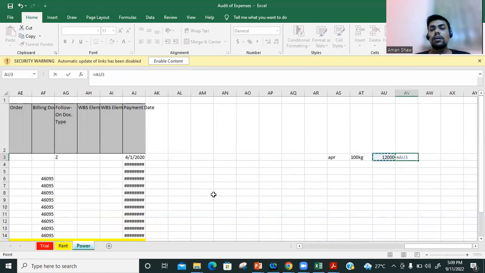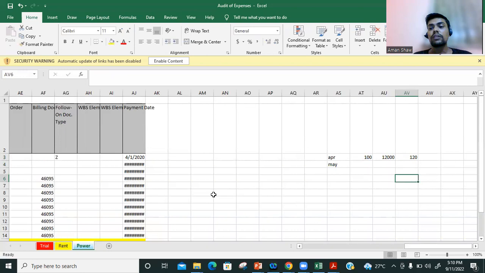So what is the usage of electricity per kg? Sorry, yes, it is 120 kilowatt hours per kg. So like this, you can plot down all the numbers for April, May, June, and see whether the kilowatt hours per kg of production is increasing or not.